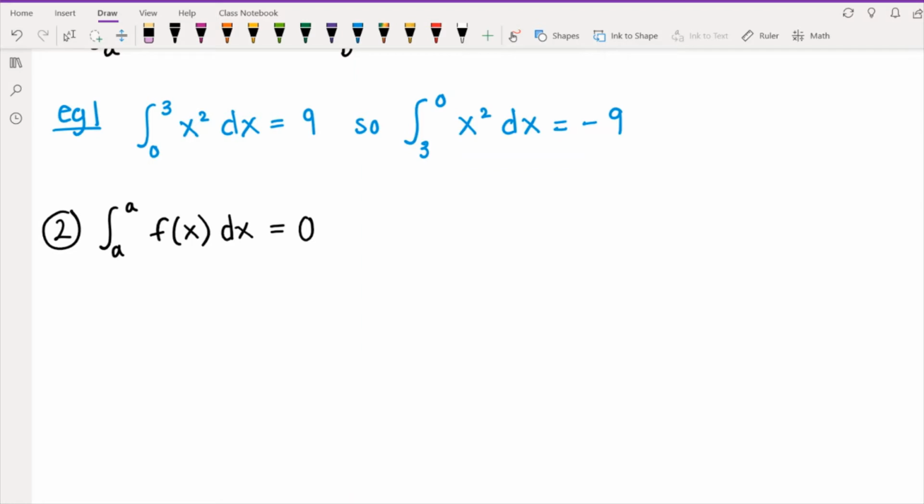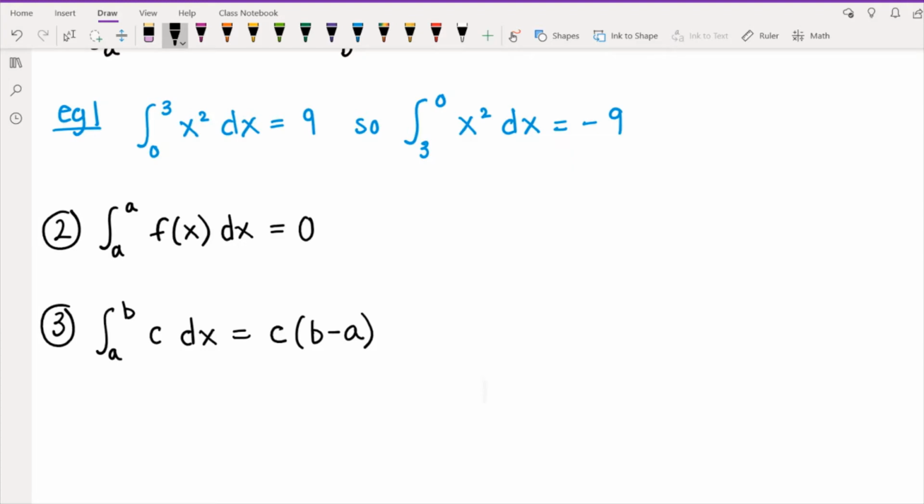Okay, next up we have if you're taking the integral of a constant. We've actually seen some examples like this already. So if you're taking the integral of a function that is just a constant function, it's always going to work out that the value of the integral is the value of your constant function times the difference in your bounds.